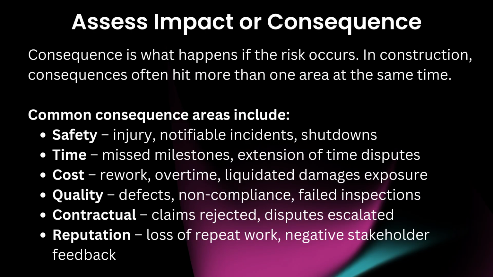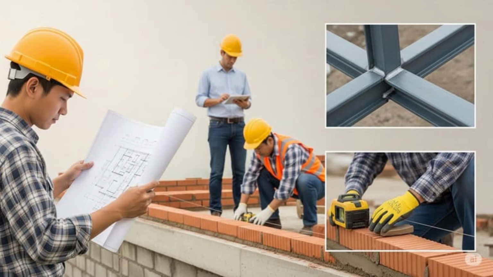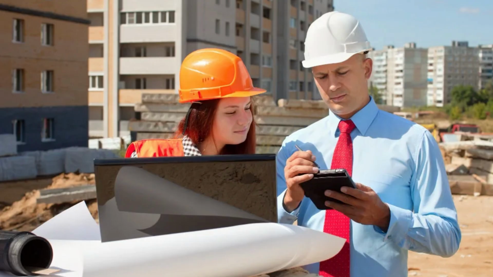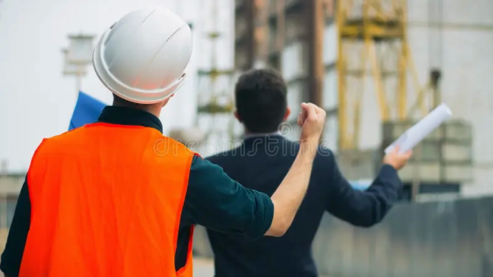Assess impact or consequence. Consequence is what happens if the risk occurs. In construction, consequences often hit more than one area at the same time. Common consequence areas include safety: injury, notifiable incidents, shutdowns; time: missed milestones, extension of time disputes; cost: rework, overtime, liquidated damages exposure; quality: defects, non-compliance, failed inspections; contractual: claims rejected, disputes escalated; reputation: loss of repeat work, negative stakeholder feedback.